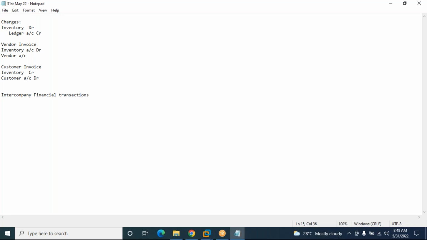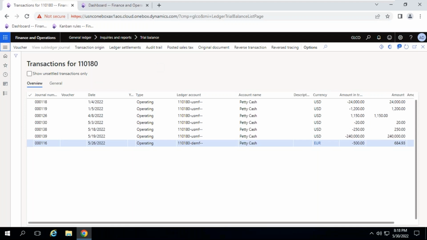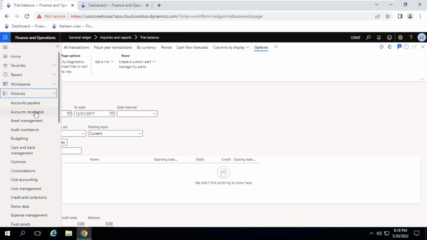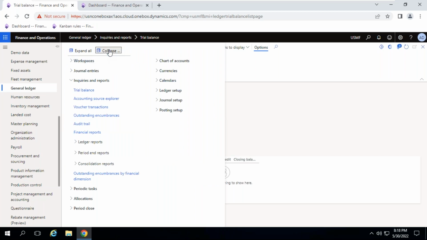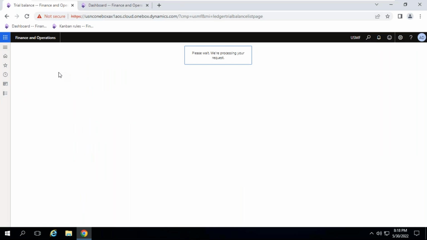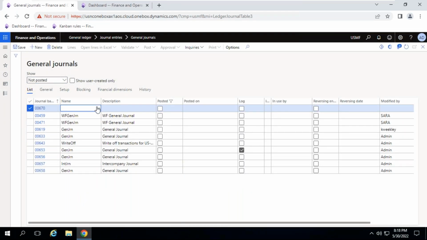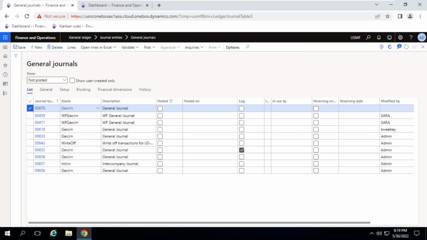Take an example: in the USMF company, go to general ledger, collapse all, journal entries, click on new, general journals, and click on lines.